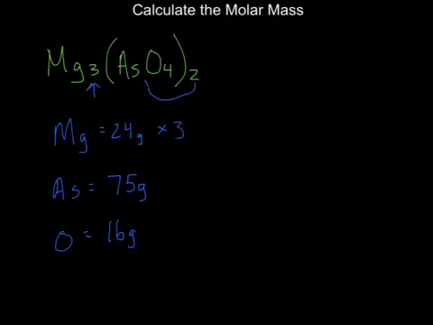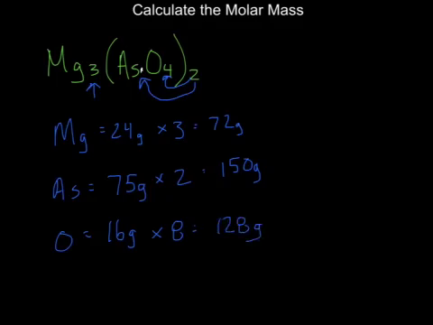Remember this 2 goes into arsenic, so 2 times the invisible 1 right here, and 2 times 4 for oxygen gives us 8, so 16 times 8. We multiply those out. Magnesium ends up being 72 grams. Arsenic is 150 grams. And oxygen is 128 grams. Add all those up, and we end up having a molar mass of 350 grams for this compound.